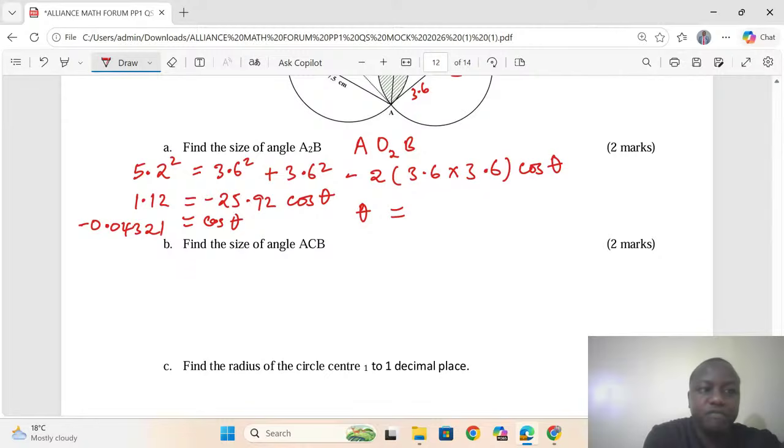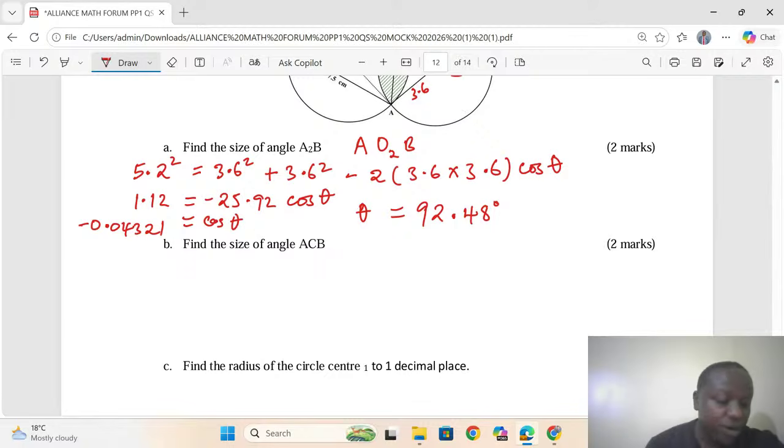This is subject to review. Let me check. Shift cosine of negative 0.04321. Yes, I'm getting 92 point something. This is now the angle I wanted.